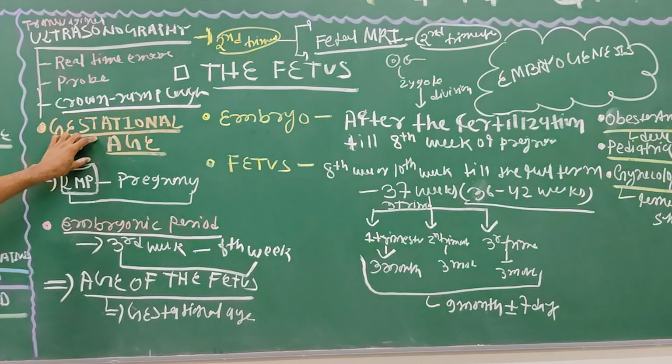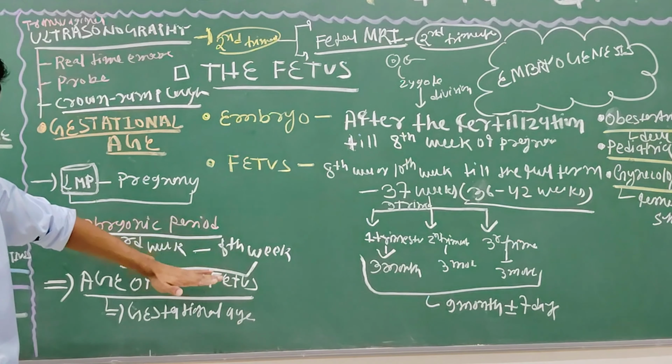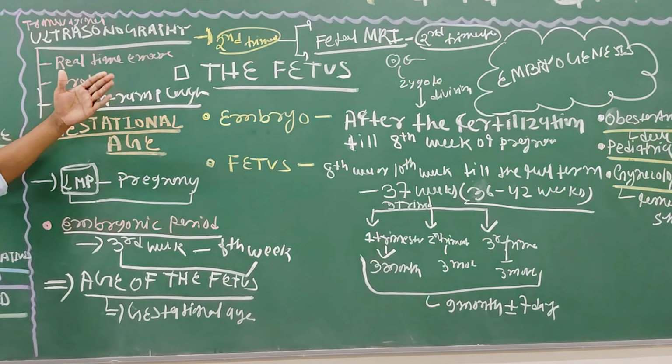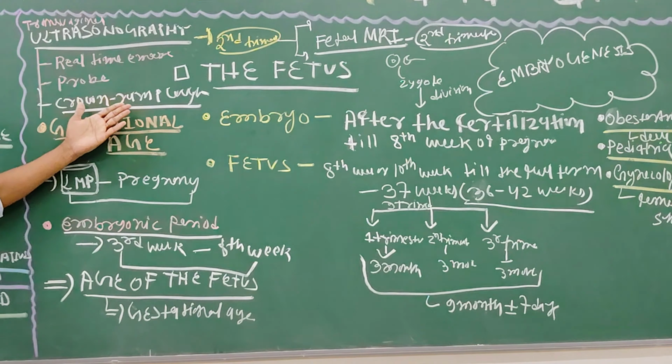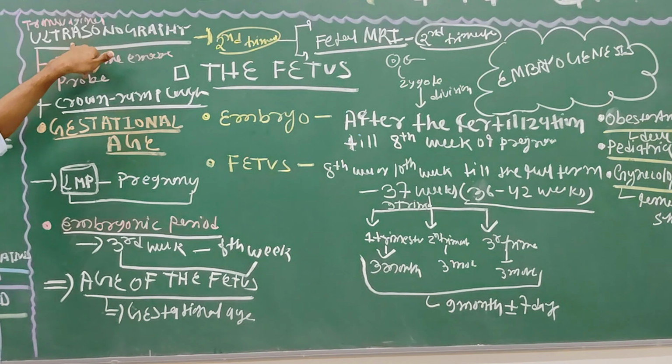Then we saw how to define the length of the fetus, by a technique called crown rump length, which means measuring from the head to the distal end of the developing fetus. This is done with the help of ultrasonography.